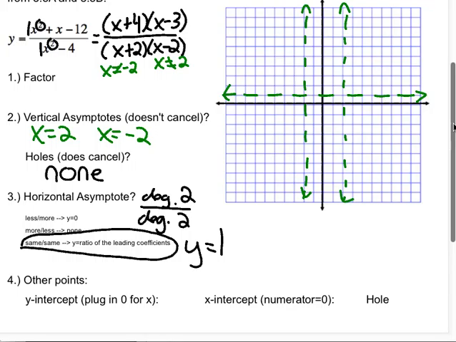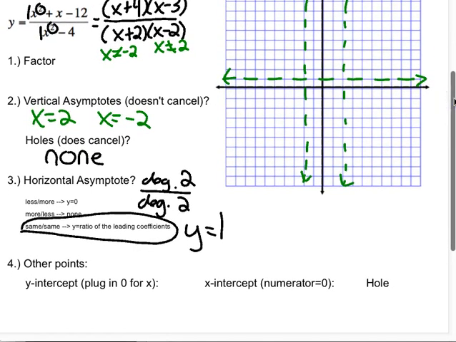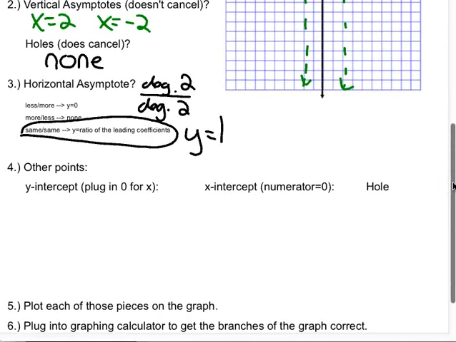So now let's go and look at our other points. Our other points are the y-intercept, which is plugging in zeros for my x's. So 0 plus 4, 0 minus 3, 0 plus 2, 0 minus 2.